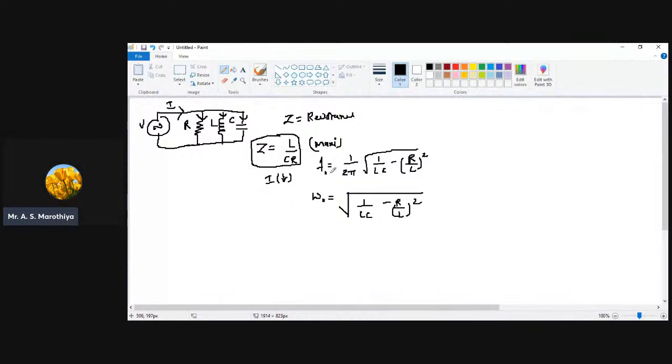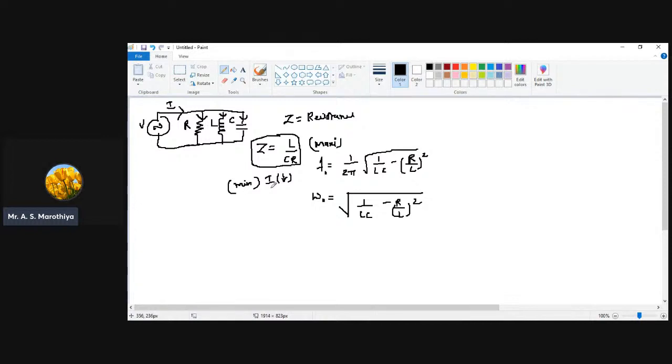Now, at this resonant frequency, because the impedance is at maximum possible value, the current has to be at minimum possible value. This is very important. And because at resonant frequency the current is at minimum possible value, it will allow only a limited signal of current to pass through the circuit at resonance condition.